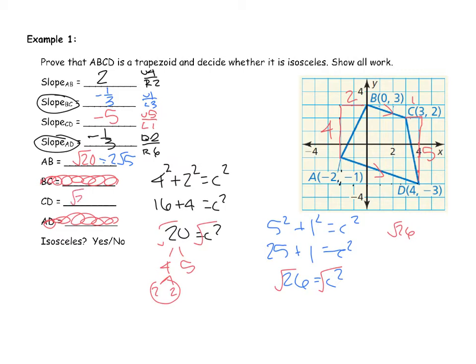Nope, so it would be square root of 26. Now, clearly here, we can see that these answers don't match up. They're not the same. So that tells me that the distance from A to B is not congruent to the distance from D to C. So, no. Why? Because the legs are not congruent.